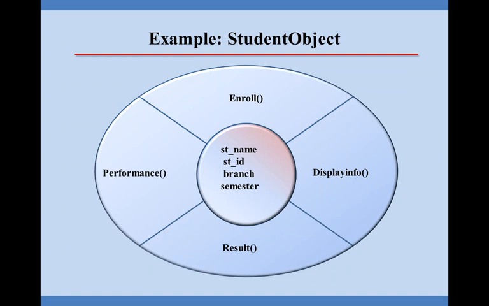Every piece of information related to a student is an attribute. Now the operations that can be performed on the student attributes are enrollment of a student, display information of a student, generate result of a student, and display performance. So this is a simple example by which you will understand what attributes or data are and what operations or functions are around it. So this constitutes a single object. Here the name of the object is given as a student object.